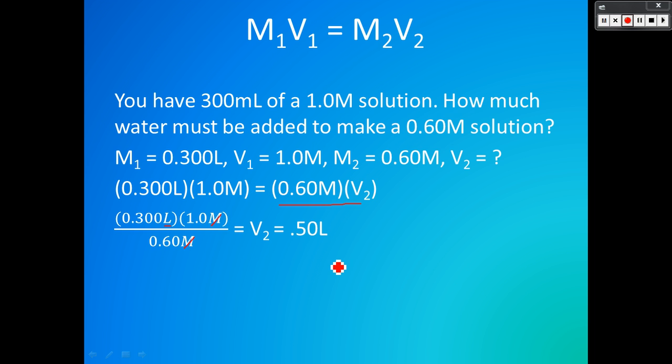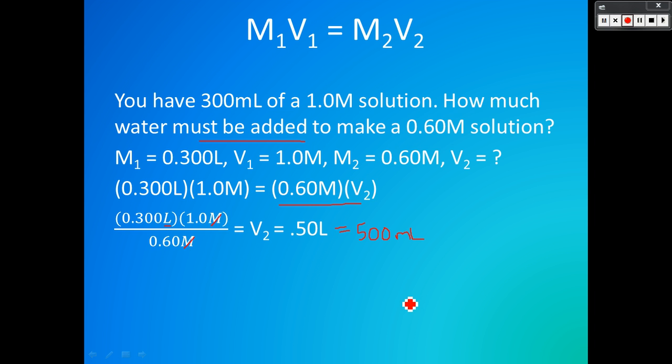Now, be really clear though. So 0.5 liters, just, you know, to bring this back to what we started with, is 500 milliliters. But you're not actually adding 500 milliliters. The question is, what must be added? This is the volume of your solution at 0.6 molar.